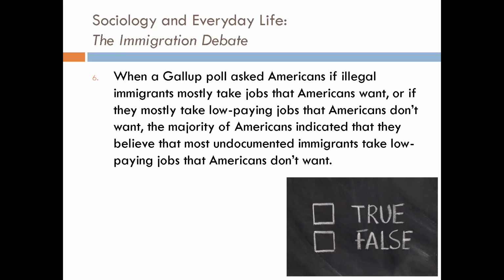When a Gallup poll asks Americans if undocumented immigrants mostly take jobs that Americans want, or if they mostly take low-paying jobs that Americans don't want, the majority of Americans indicated that they believe that most undocumented immigrants take low-paying jobs that Americans don't want. I think absolutely it is true. Immigrants are a major part of the working-class people in America.